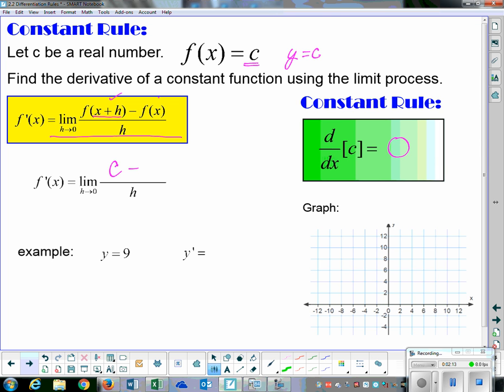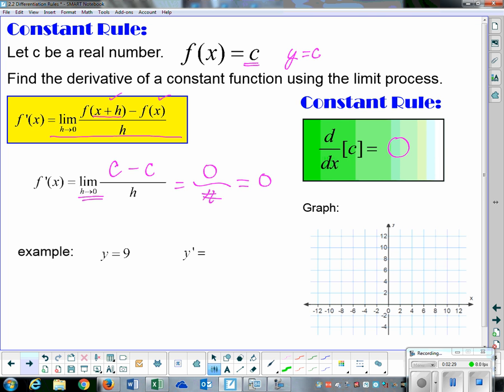And then I subtract the function f of x, which is c as well, and c minus c is 0 divided by some value as h goes to 0. So 0 divided by a number ends up being 0. The derivative of a constant is 0.